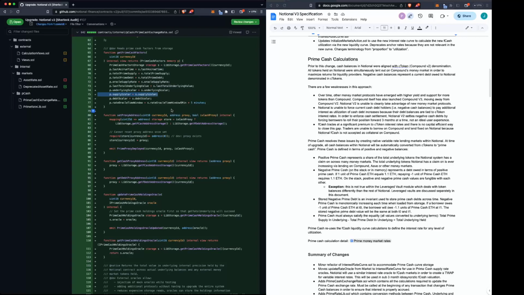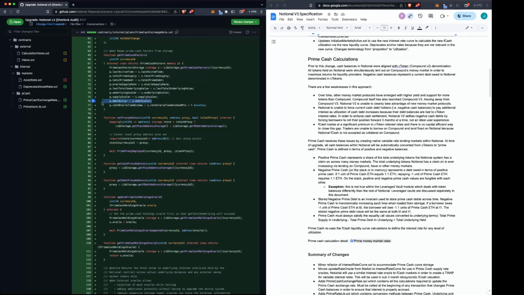So you can think of lenders as earning interest from two sources. They're earning interest from any sort of governance dictated lending activity of the underlying USDC that's held to external protocols. That is the underlying scalar. And the supply scalar is going to be interest earned from lending and borrowing activity on Notional itself, within Notional markets itself. So those two will add up to what the lenders receive.